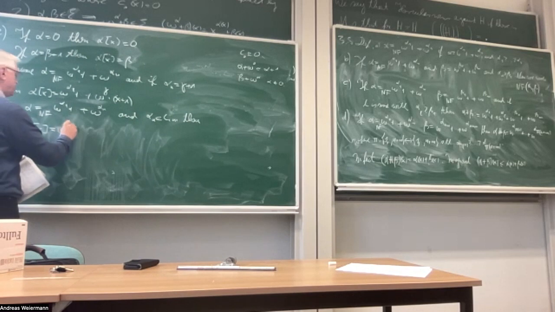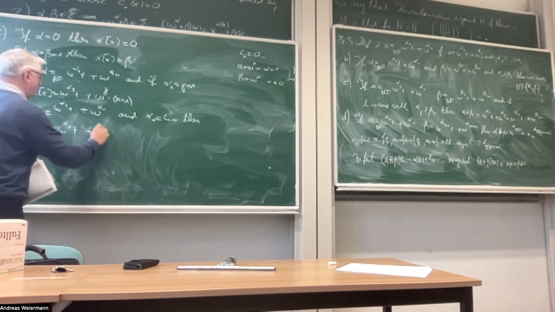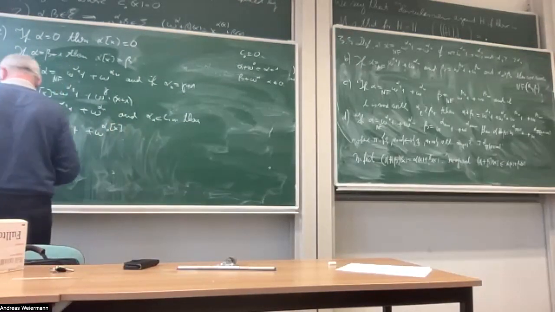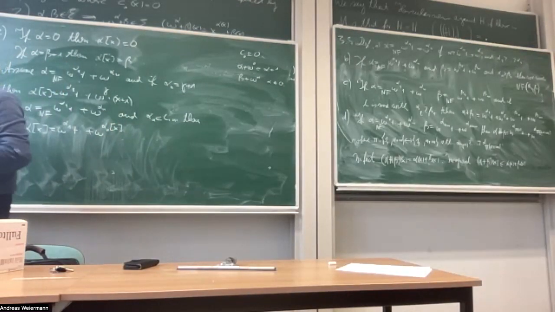It's omega to the alpha 1 plus omega to the alpha n, and then I can take the parameter sequence alpha n of x.